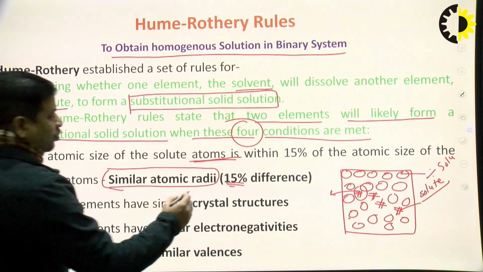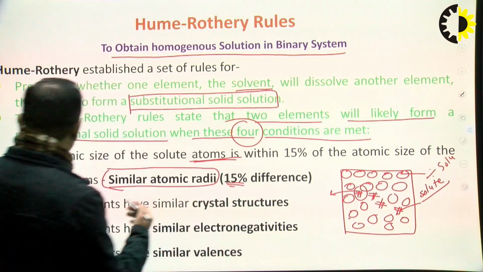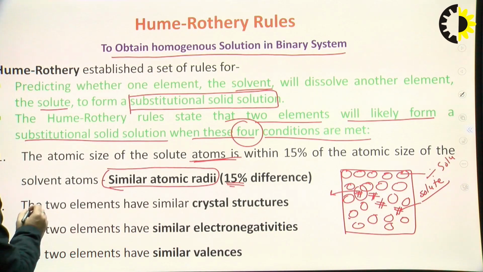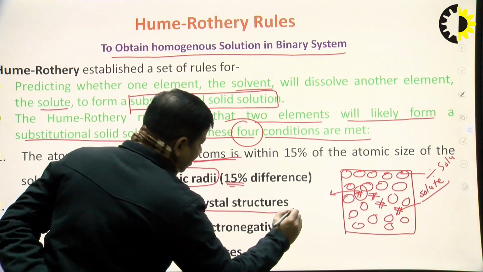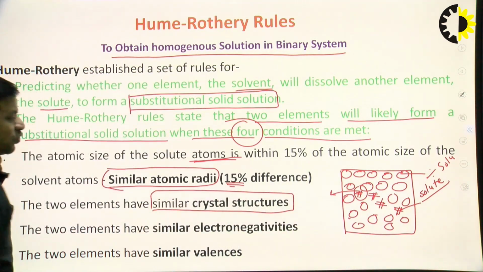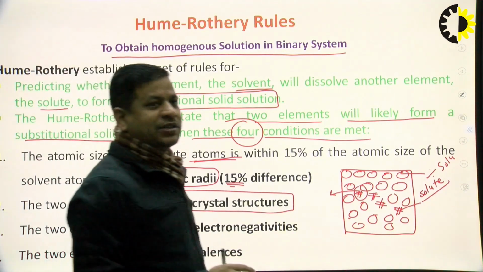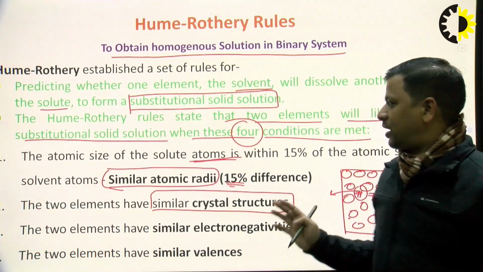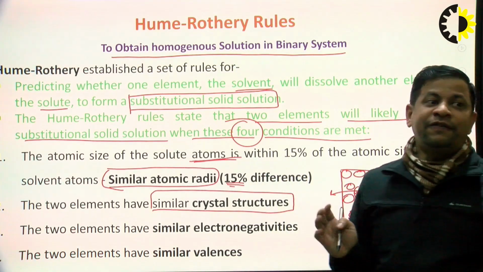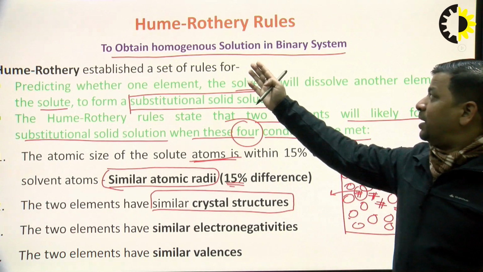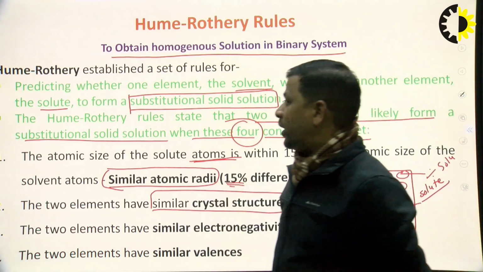So here we have to check radii. The first thing we get here is radii. Second is similar crystal structure. As we know, there are many different types of crystal structure like BCC, FCC and others. If they have a similar crystal structure, definitely the mixing of these two elements is quite easy.